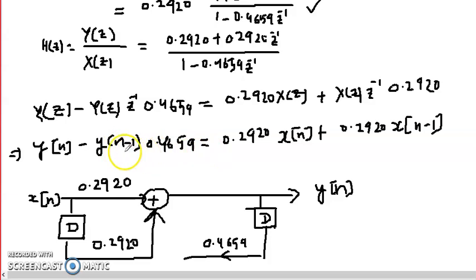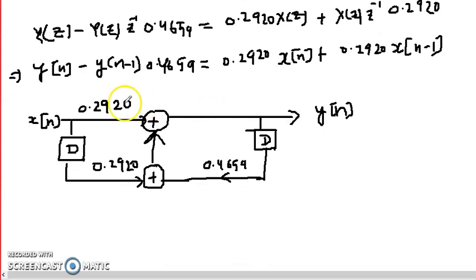Here the term 0.4659 gives the output y(n minus 1), and then you can put a summer here also, like this, and you will get the digital filter implementation. This block diagram shows how the digital filter can be implemented by using this difference equation.